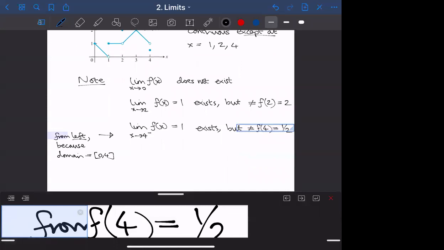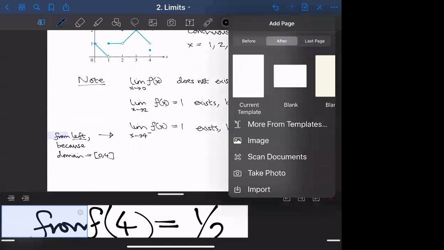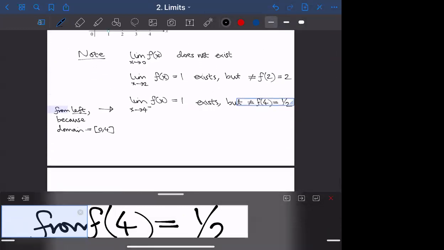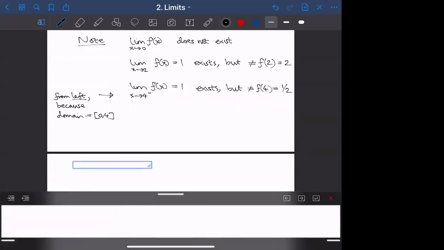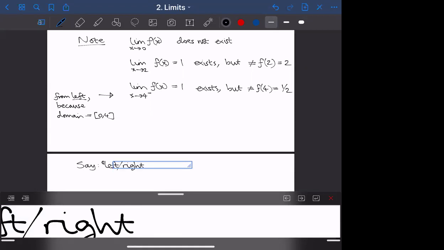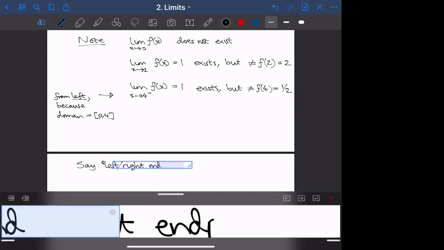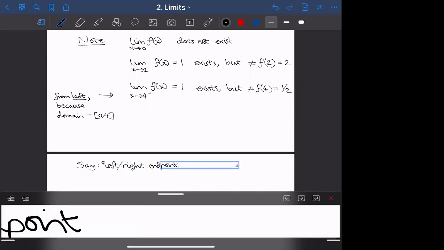Okay, so how to define when a function is continuous? Well, let's first introduce some terms. So first, the left and right endpoints of the domain.